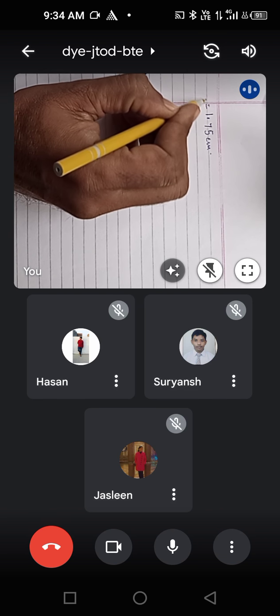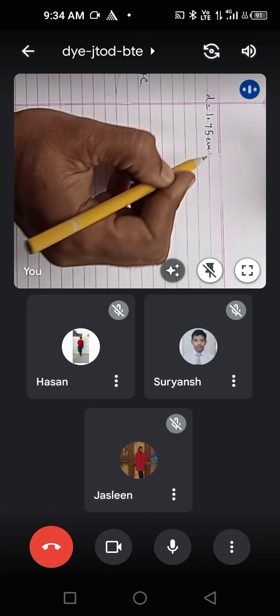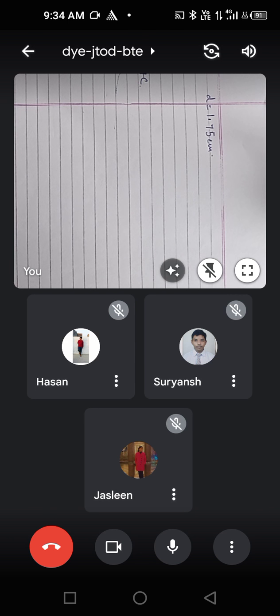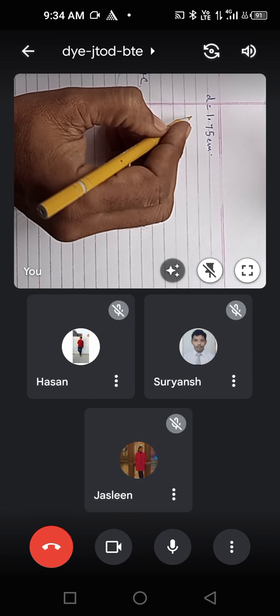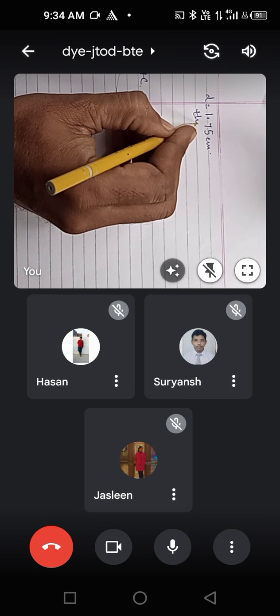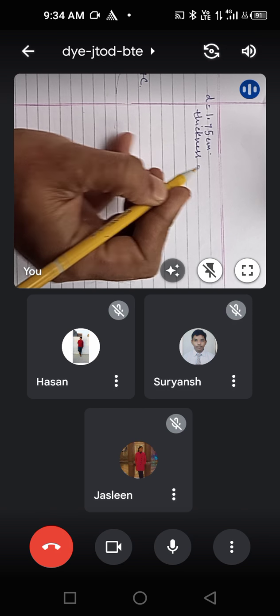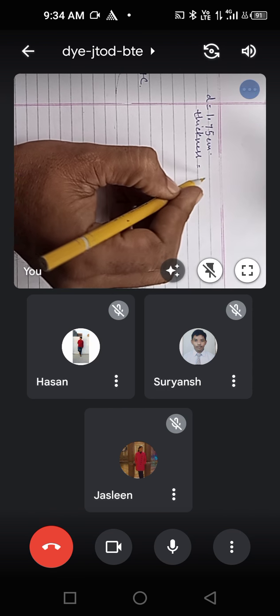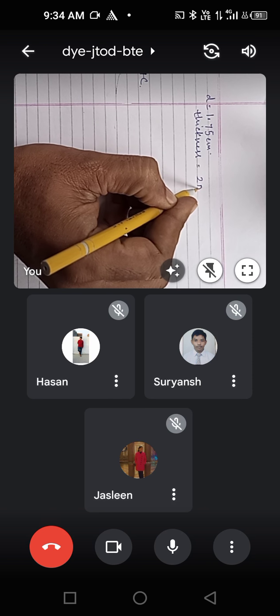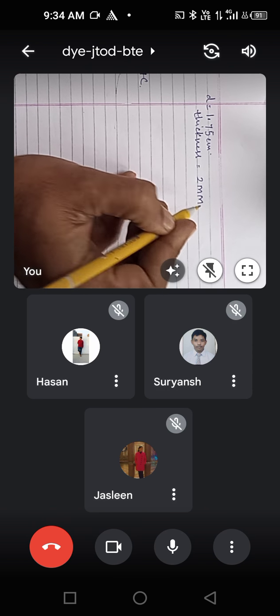This is the diameter given. D is equal to 1.75 centimeters, and the thickness is given as 2 millimeters.